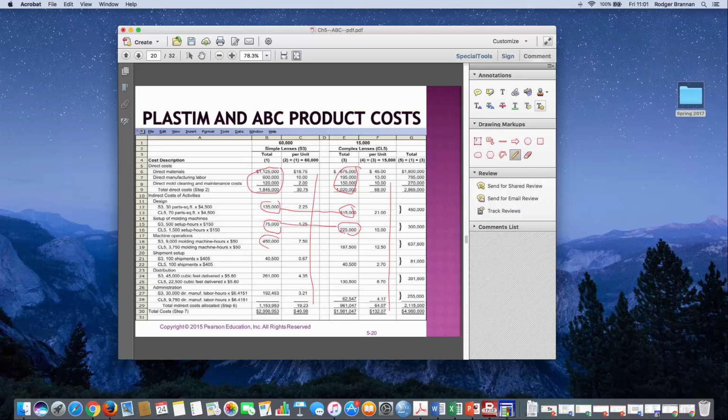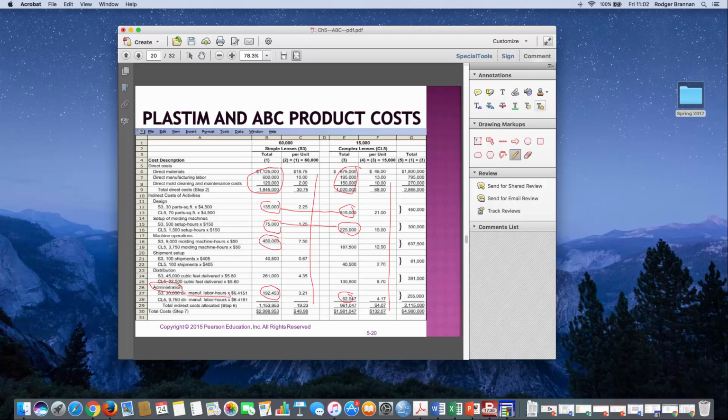So again, this one is consuming a lot more of that particular element of overhead. And you just keep going through and you apply the overhead, and you come down to these facility level costs. And these are the ones where you really hold your nose and say, well, okay, maybe we'll do it in labor. We really don't have anything else to do. When you come down, this is kind of your last gasp.